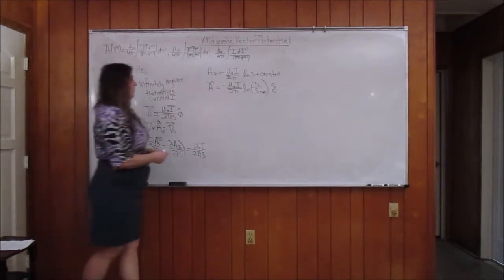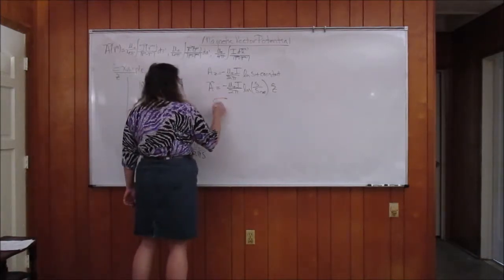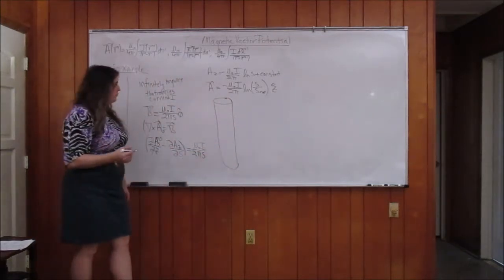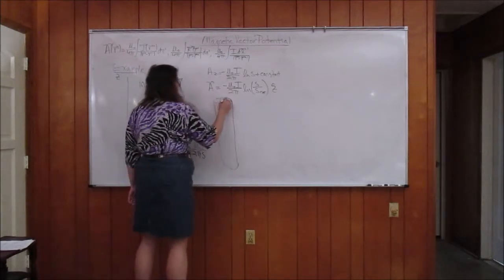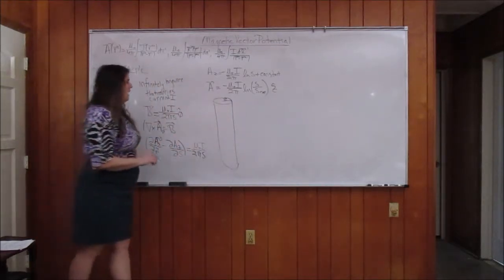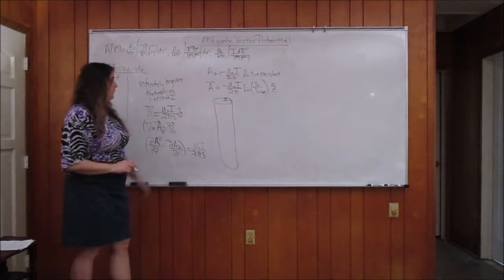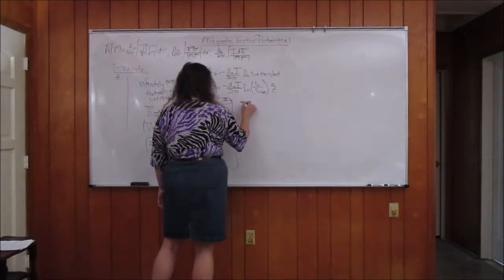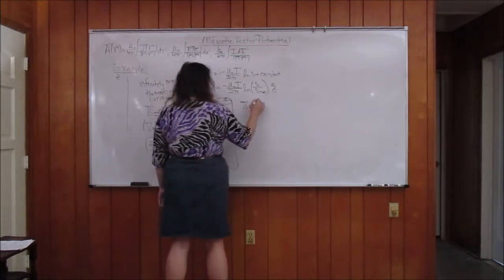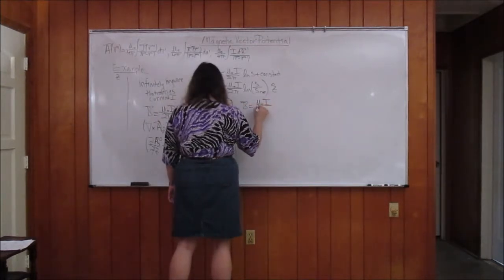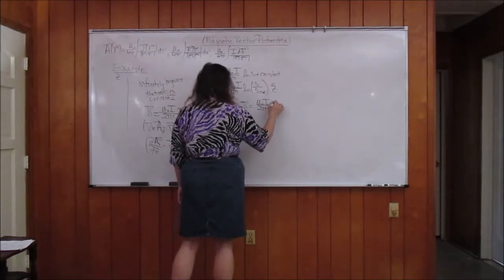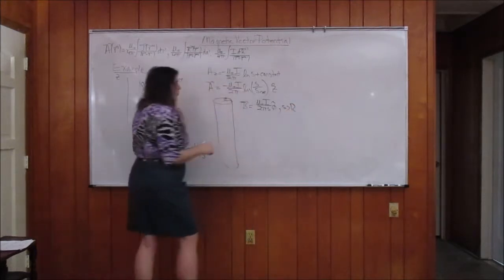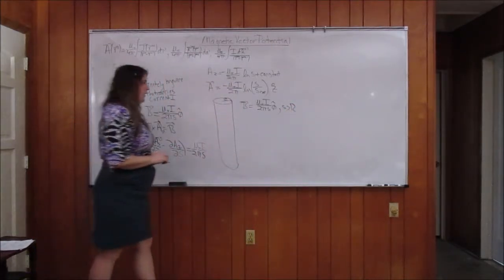So let's consider another example. Let's suppose instead of having a thin wire, you had a wire of radius R. And I want to figure out, again, what is the magnetic vector potential due to this wire. Outside the wire, it just goes to mu naught I over 2 pi s.